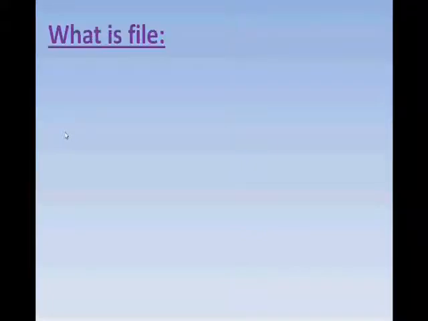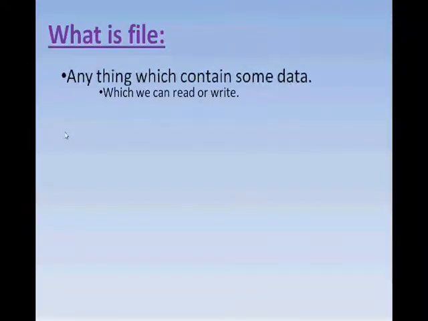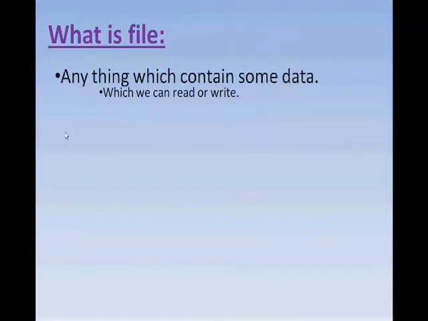Basically, we have seen different kinds of files, many kinds of files. So what actually is a file in computers? The file is anything which contains some data. For example, your Word file, document file, and .txt, your movies, your MPEG, MP3, your songs, it is a file.